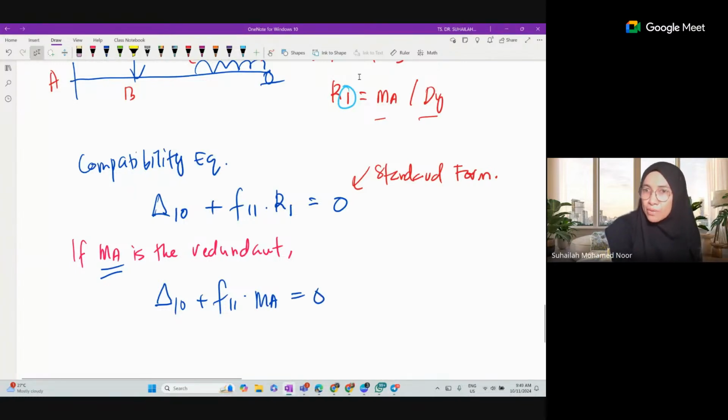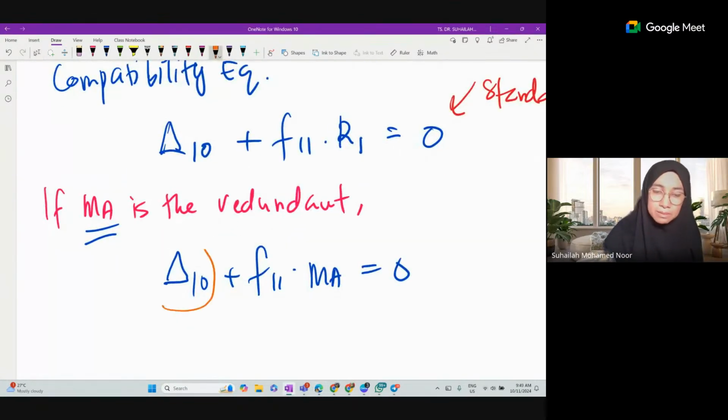Okay, so that we know now, by using the redundant name here, we should know that we cannot use delta here because it is moment. Okay, so we change this to theta. Okay, remember the partner P and delta, M and theta. This is the partner.